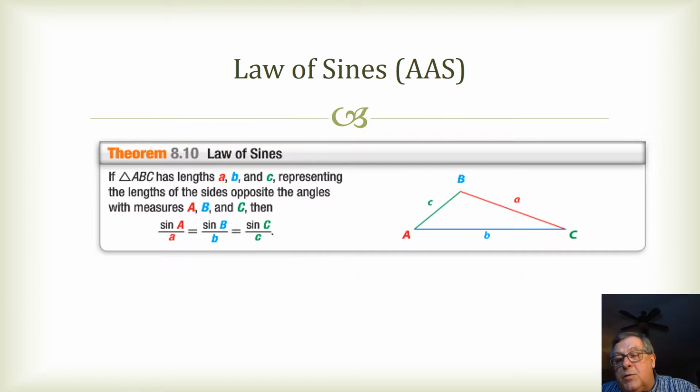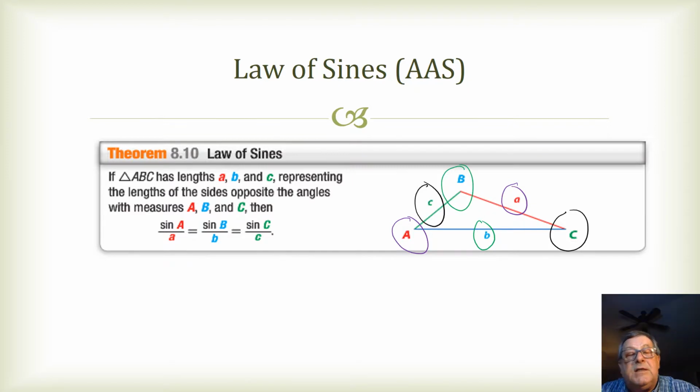So for instance, we can have a ratio between angle A and side A, and then we can establish a ratio between angle B and side B, and we can also establish a ratio between angle C and side C. And these ratios are going to be proportional.